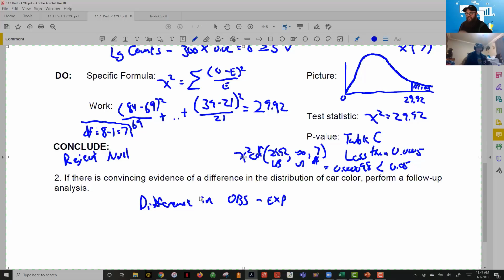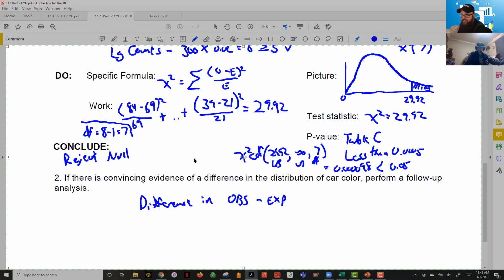Since we rejected the null here by saying that there is a difference in these colors, it wants to know which one played the biggest part in that determining factor. And in this case, it's the other color. So that's the biggest difference factor that played an effect for the calculation to put the numbers in favor of rejecting the null. And that's all it's really wanting you to observe. Other than that, that takes care of 11.1, pretty much in a nutshell.